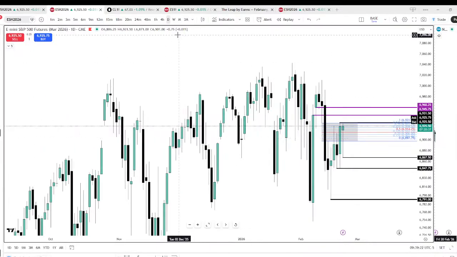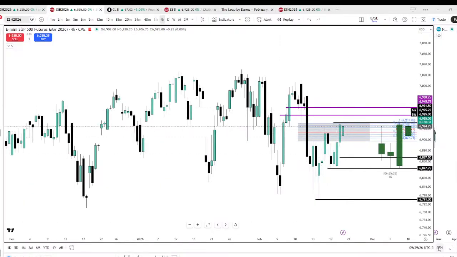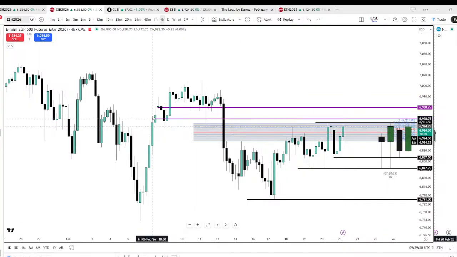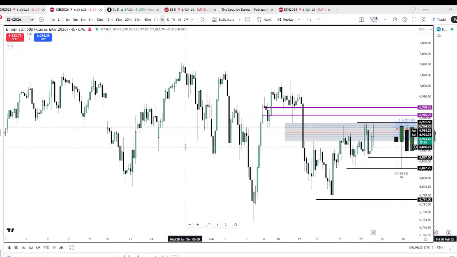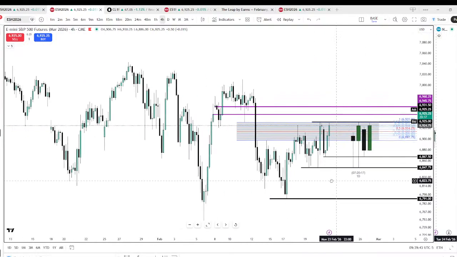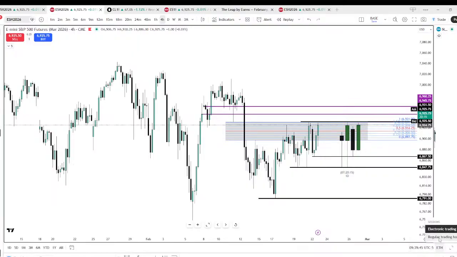As we go further, we obviously have our daily opening gap. Large 4-hour imbalance, so we could see ourselves get up into here. Definitely, it's not out of the picture at all.